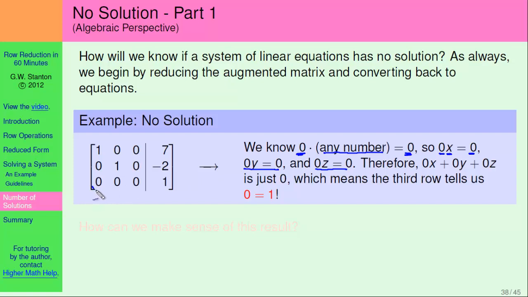And therefore, the left-hand side of the third equation will be 0x plus 0y plus 0z, which is just 0. And the right-hand side is 1. So the third row is telling us that 0 is equal to 1, which is a bit strange. So let's see how we can make sense out of this.